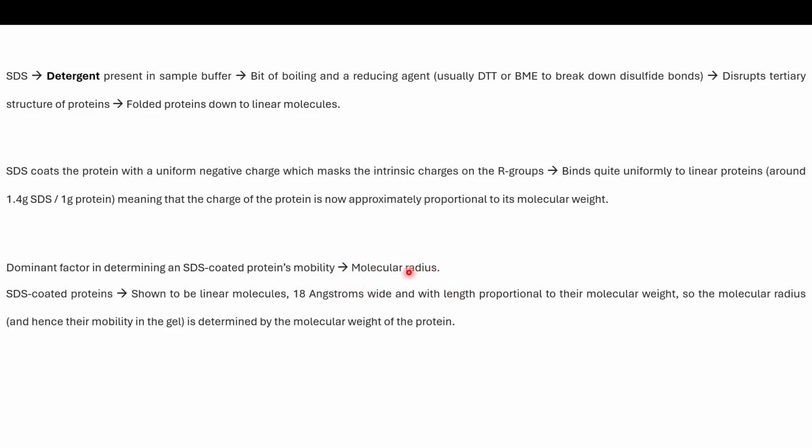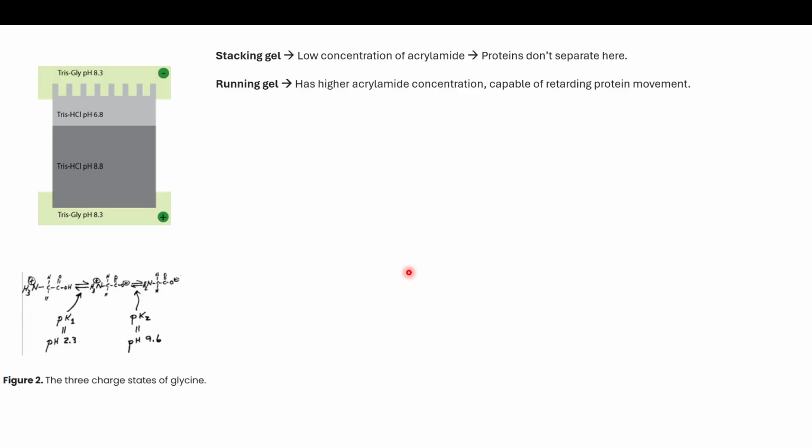Now, some of you, probably almost all of you, might know that for SDS-PAGE you have a discontinuous buffer system. Also, you have two types of gels. One is the stacking gel, with a low concentration of acrylamide, where the proteins don't really separate.